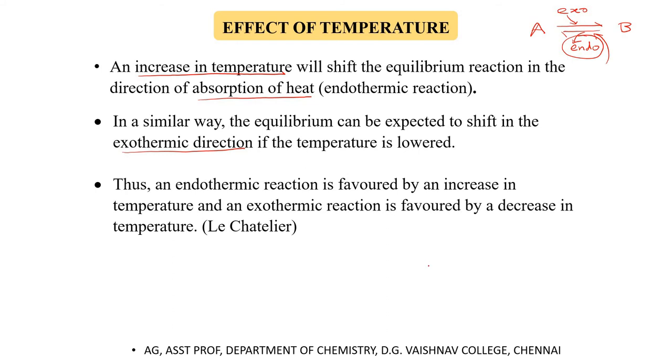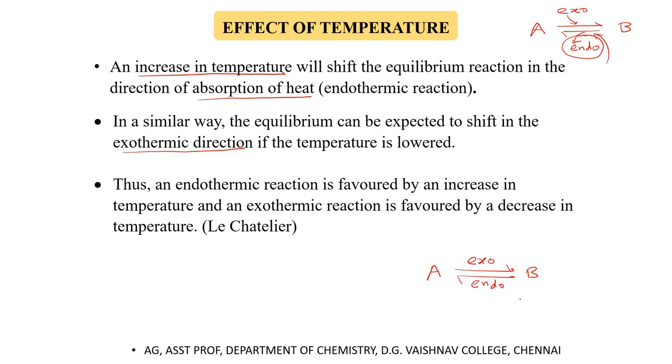See, what is the meaning of this? Suppose you have some reaction A giving B in the forward direction and B giving A in the reverse direction. Suppose the forward reaction is exo, then the backward reaction should be endo.